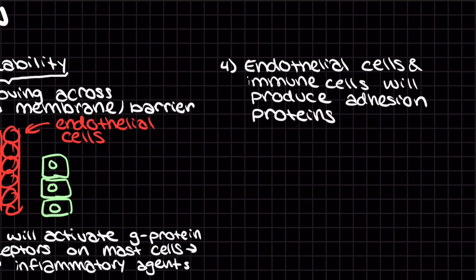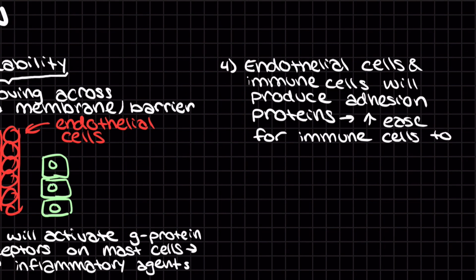These adhesion proteins allow the white blood cells to stick better and easier to the walls of the blood vessels, which makes it easier for those white blood cells to then move across the barrier. So this leads to increased ease for immune cells to cross from inside vessels to outside.